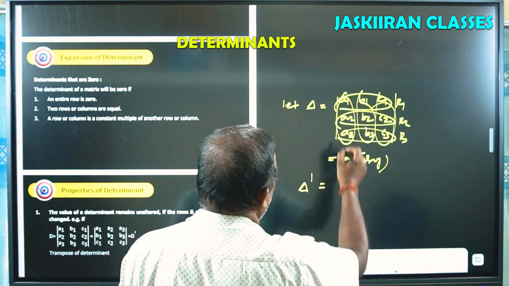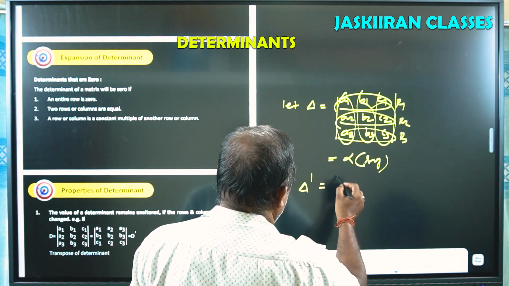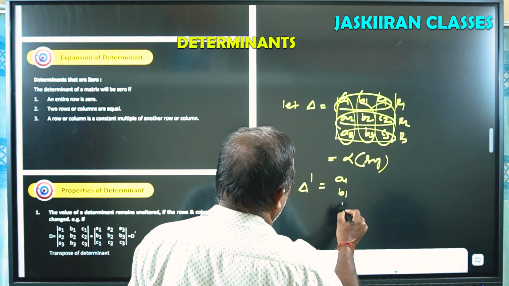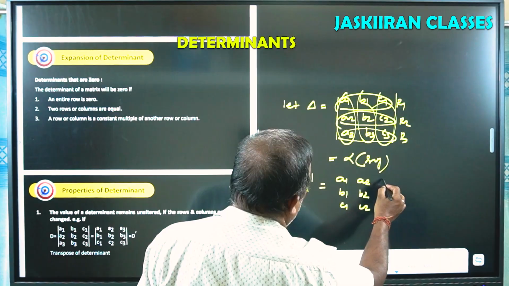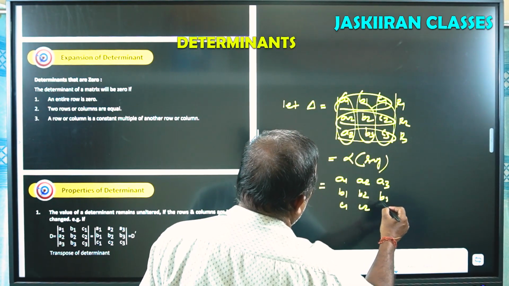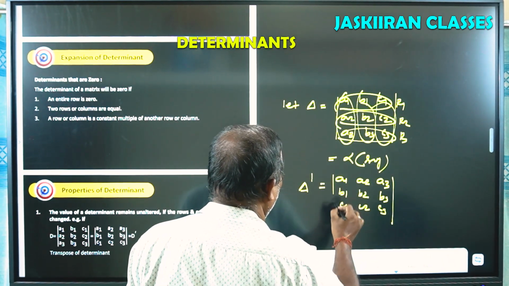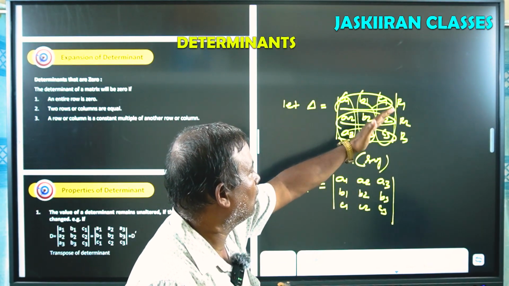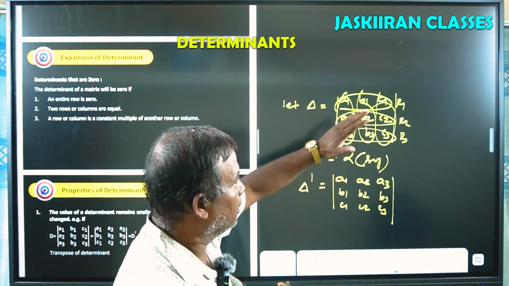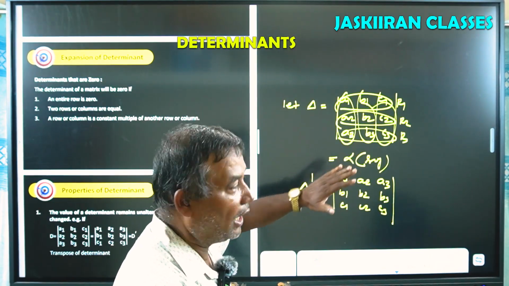That means the determinant with rows A1, B1, C1; A2, B2, C2; and A3, B3, C3. Now we expand that determinant along row 1 or row 2 or row 3, and let the value of the determinant be alpha.